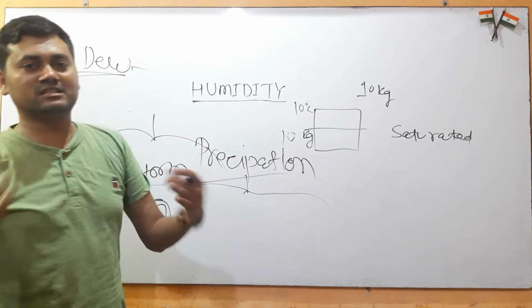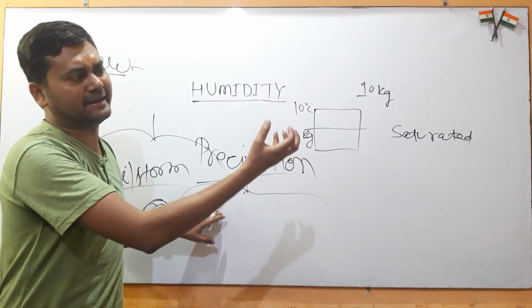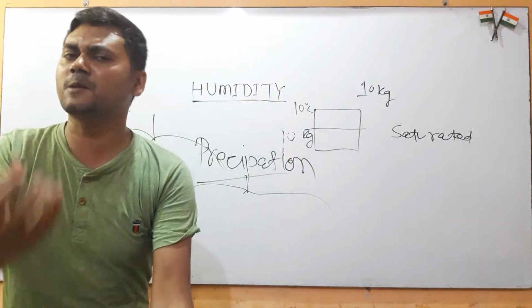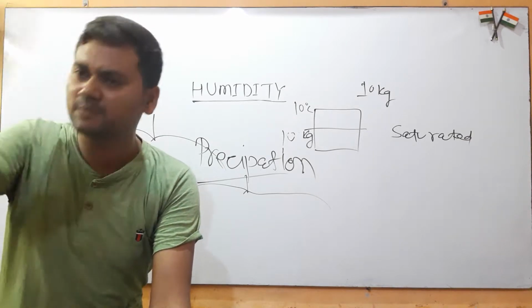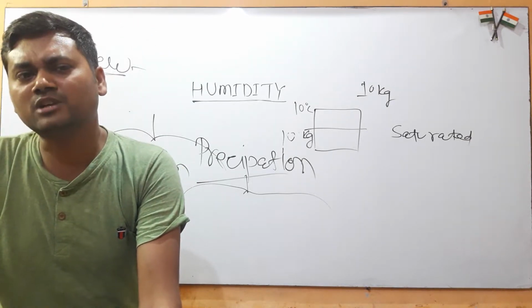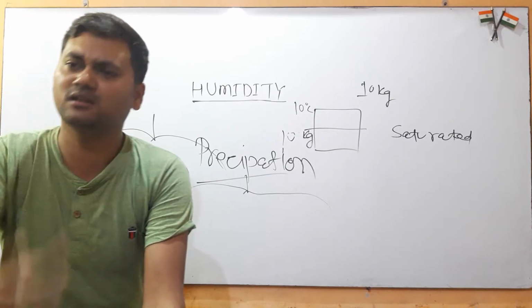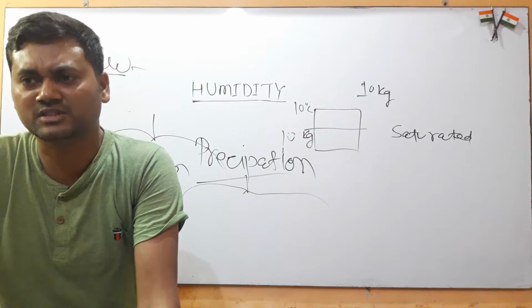So if the temperature of that place is low, a water drop gets converted into a very small, rounded ice particle.